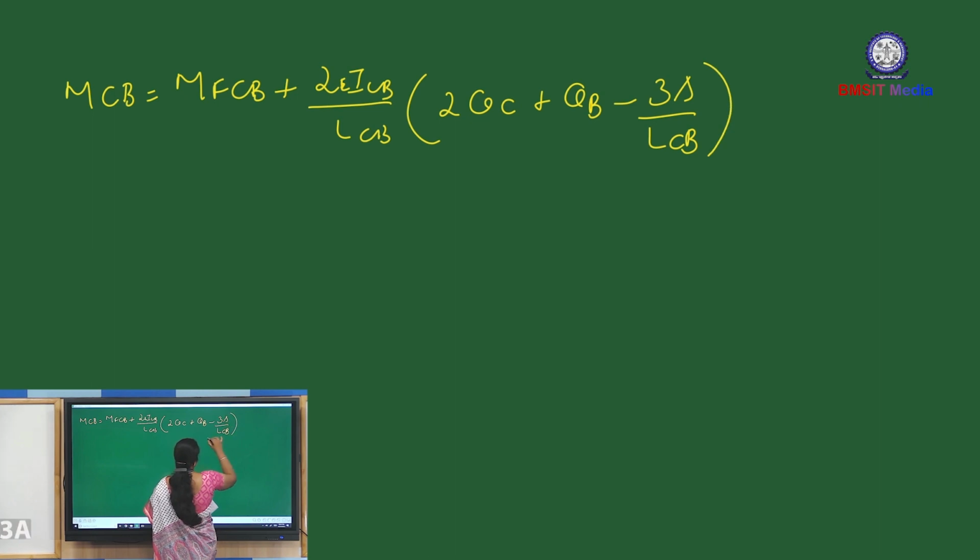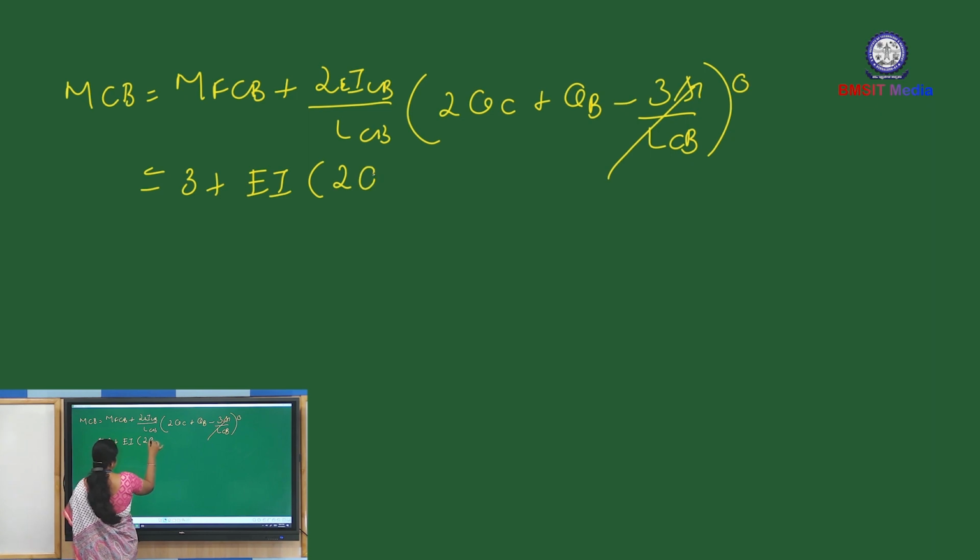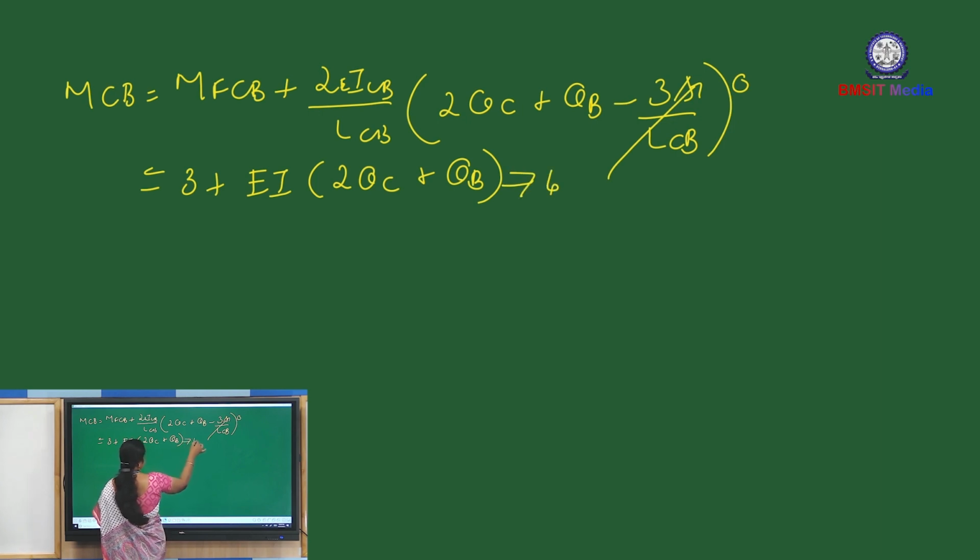Again this is a horizontal member, this term won't come. Substitute all those values, we can get the answer, that is 3 plus EI into 2 theta C plus theta B. That's it. This is equation number 4.